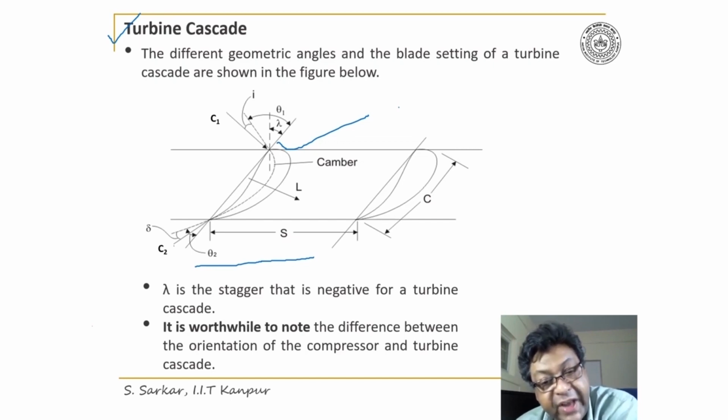So lambda is the stagger, and I have also indicated the camber, shown by a dotted line. Theta 1 is the angle that the camber makes with the chord line at the leading edge.